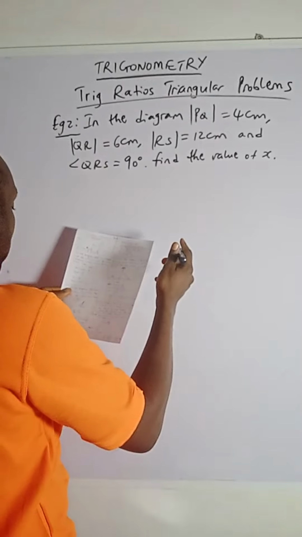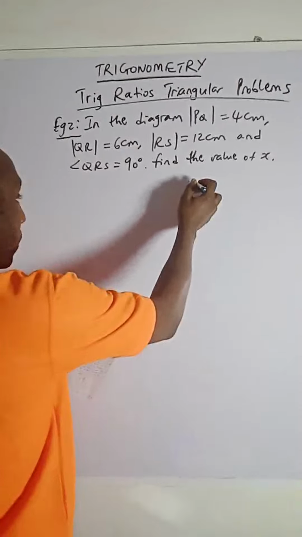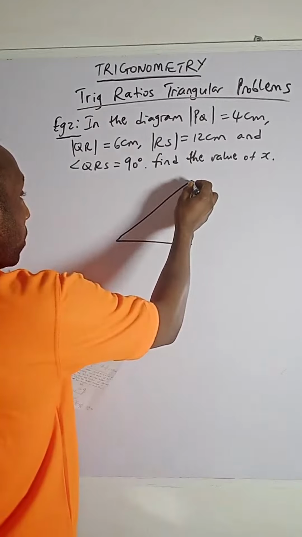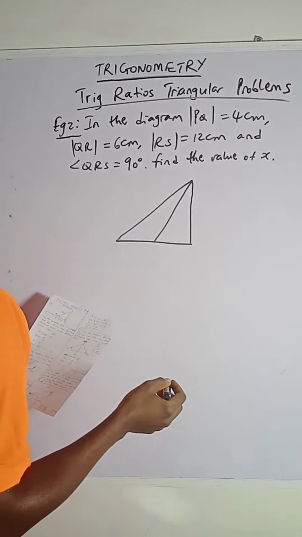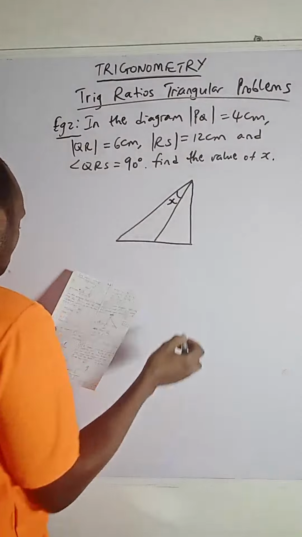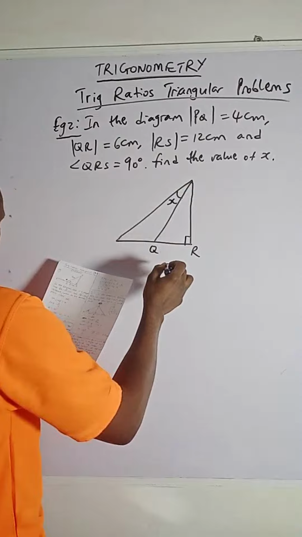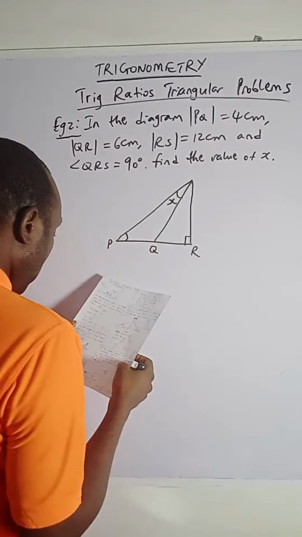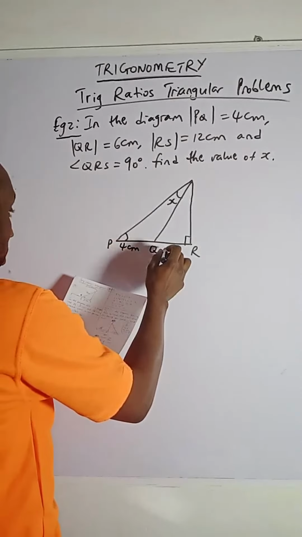So this is the diagram. This is where X is. This is Q. This is R. This is P. This is 4 centimeters, and this is 6 centimeters.